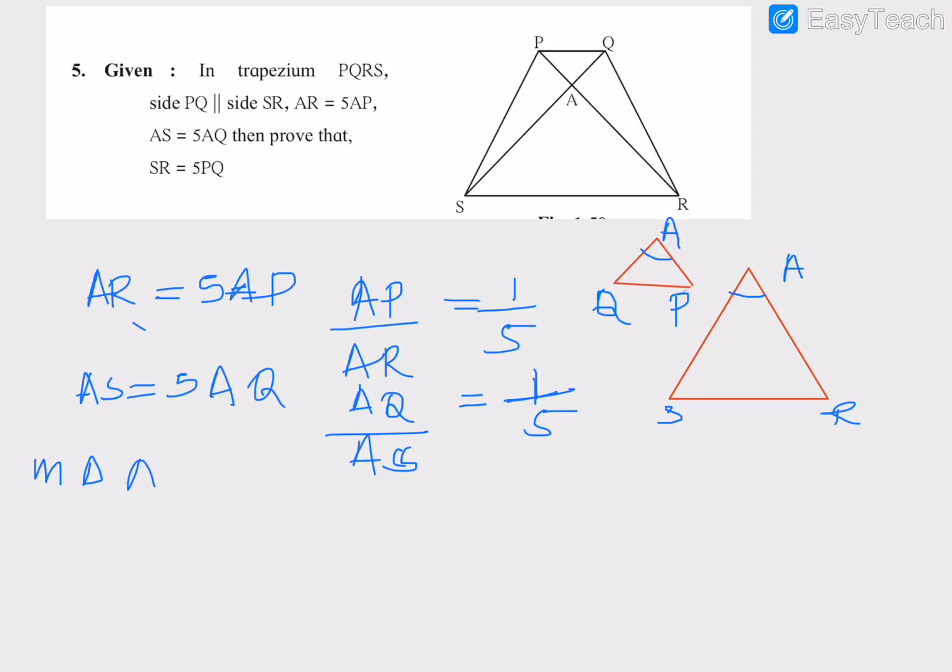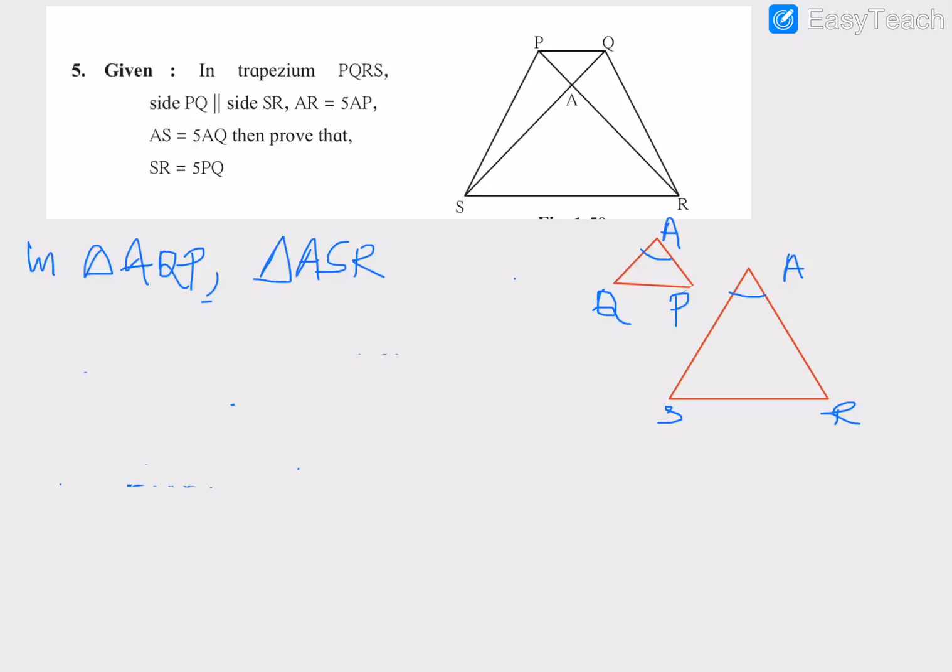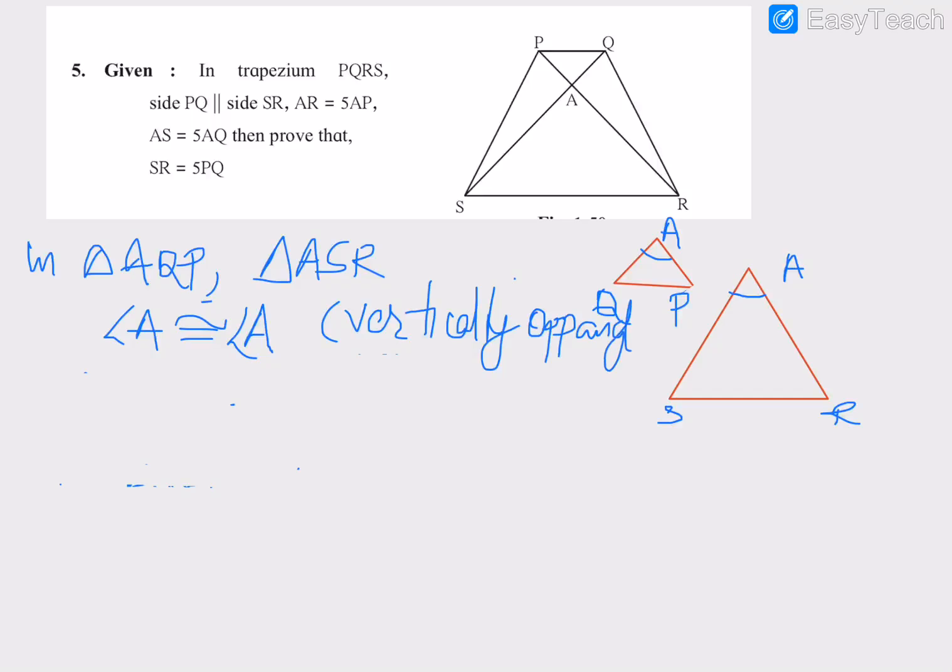So we can write that in triangle AQP and triangle ASR, angle A is congruent to angle A of the second triangle, since they are vertically opposite angles. In the figure you can see they are vertically opposite angles. So the first condition we have got.